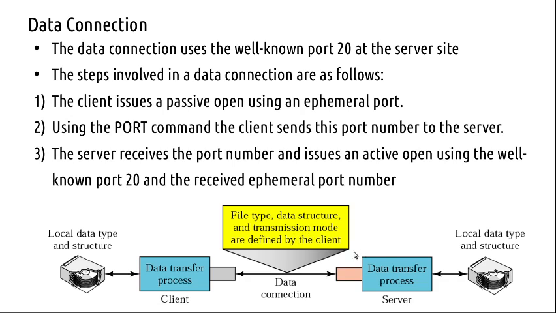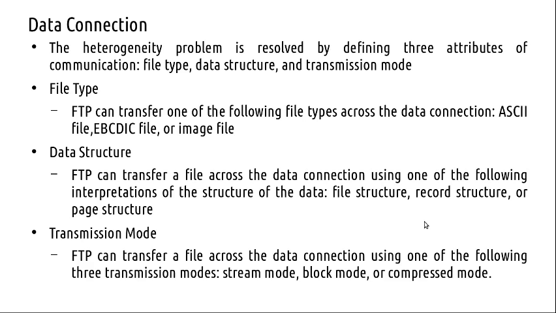Different types of transmission modes could be there. All these things are determined by the client. So the client will define what format the data transfer has to take place in.